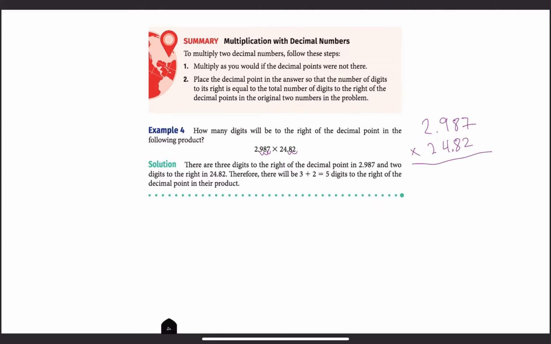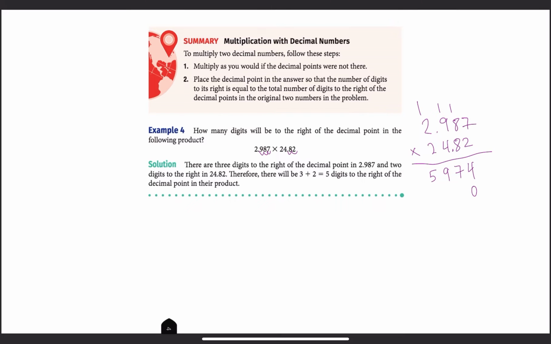We're going to go ahead and multiply the numbers as if they were whole numbers. So 2 times 7 is 14. 2 times 8 is 16. So add the 1 and carry the 1. 2 times 9 is 18. Add the 1, carry another 1. 2 times 2 is 4, and 1 is 5. Add a 0 because I'm changing place value here.